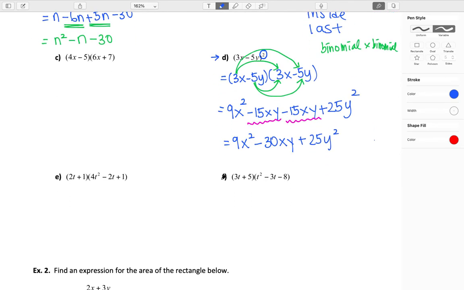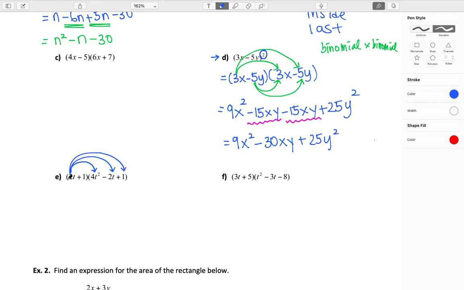Now lastly, let's take a look at letter E. Letter E, you have a binomial with a trinomial. So when you have binomial with trinomial, we're not going to do FOIL, but we're going to do something similar to FOIL. 2t must handshake with everyone in the house on the other side. So 2t is going to handshake with 4t squared, negative 2t, and positive 1.